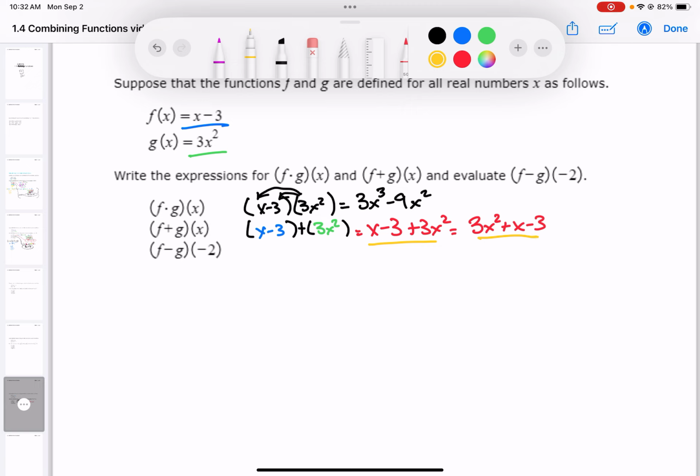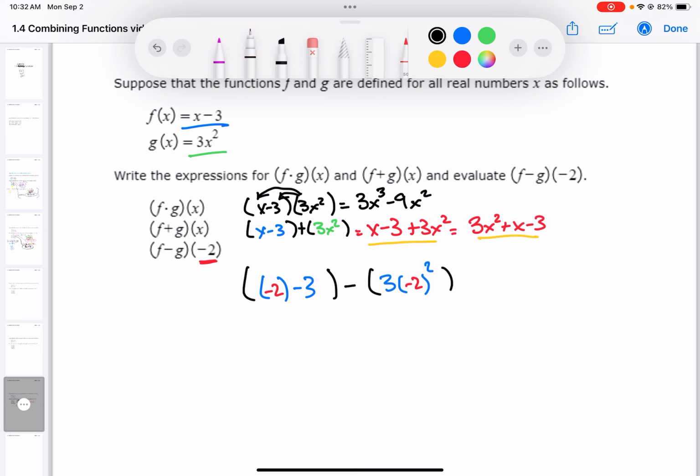Okay, once again, we can do this. And instead of writing x, we're going to put in a negative 2. So let me do that in a different color. So we'll go here, minus 3, and then 3. And this is where parentheses are super important, especially in this one right here. Because if you miss the parentheses and put it in your calculator, things will go haywire fast.